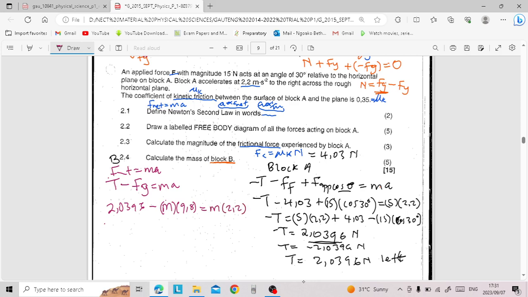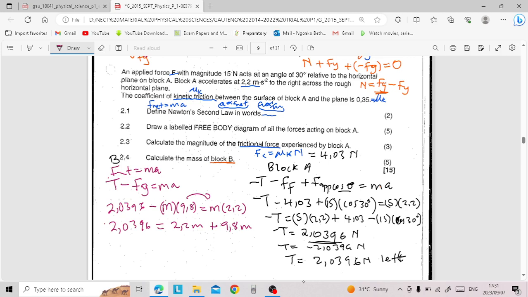The acceleration of the system is 2.2, for A and B both. So then, 2.0396 equals 2.2 m plus, because here it is positive, 9.8 m.